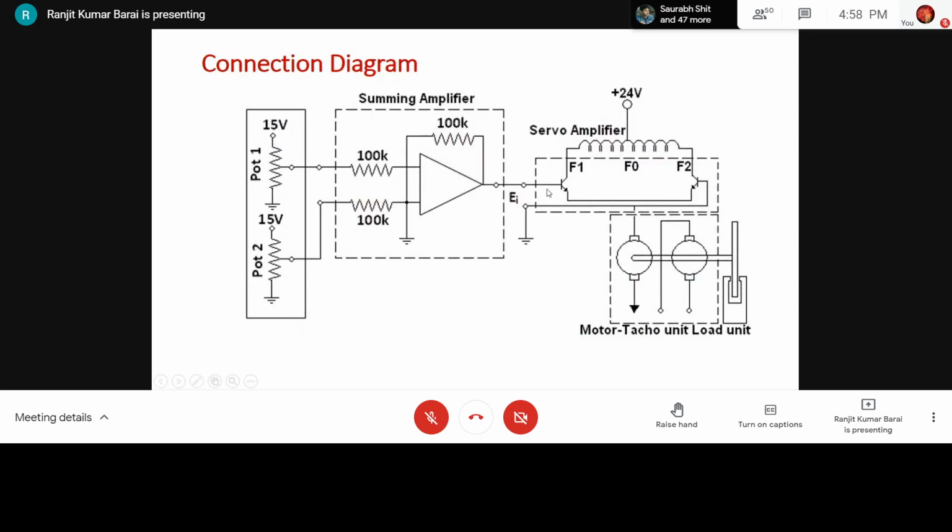The servo amplifier amplifies this voltage. Power amplification is done, and it gives sufficient current and voltage to the armature so that it can generate the required torque. And this is the tacho generator, and this is the load unit.